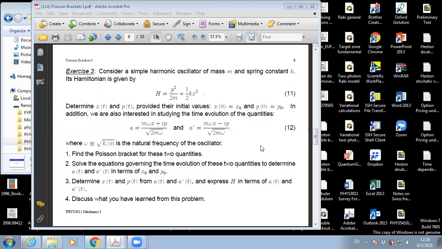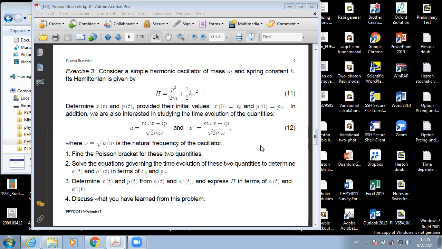Now, we know that x and p are independent variables, so we can construct a coordinate system. The horizontal axis is x, the perpendicular axis is p, right? So we can identify H for each value of x and p, okay?